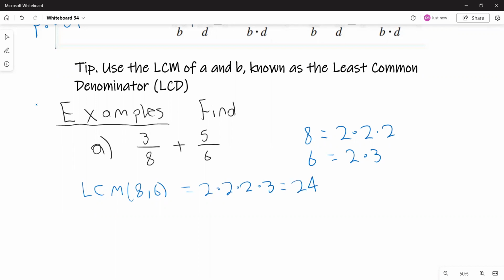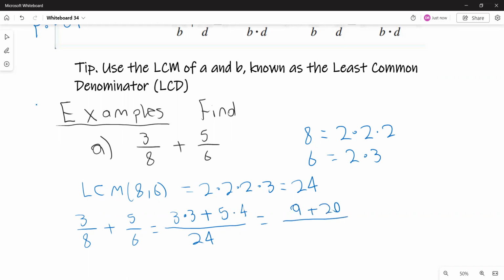So back to the fraction, 3 over 8 plus 5 over 6. The least common denominator is 24. 24 over 8 is 3, so we're going to multiply by 3. And 24 over 6 is 4, so we're going to multiply 5 by 4. 3 times 3 is 9, 5 times 4 is 20, and 9 plus 20 is 29.